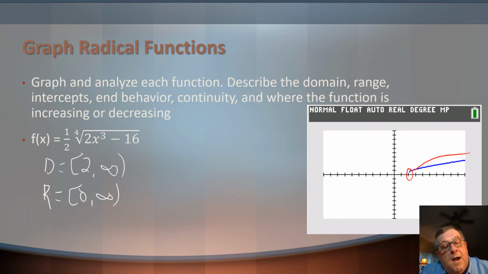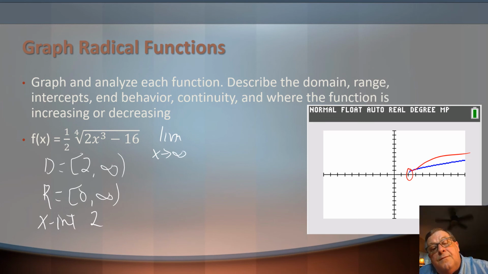We do not have a y-intercept, but we do have an x-intercept at 2. And on our end behavior, I only got right end behavior, so we would say that we've got a limit as x approaches infinity, f of x is equal to infinity.